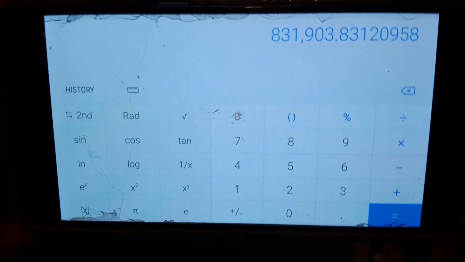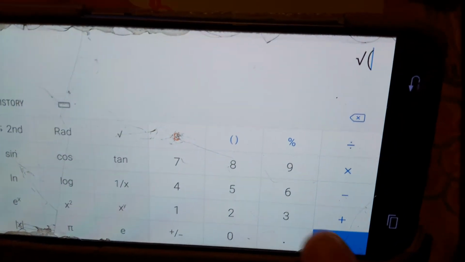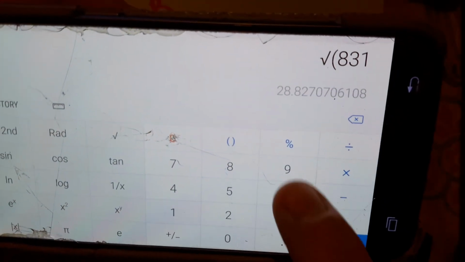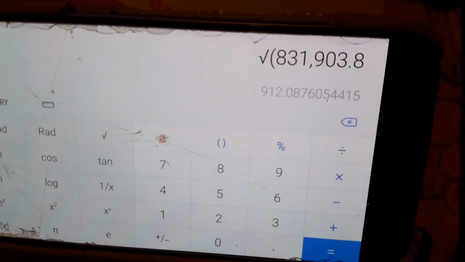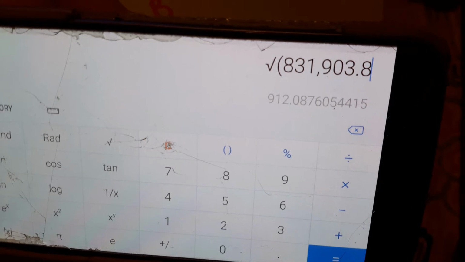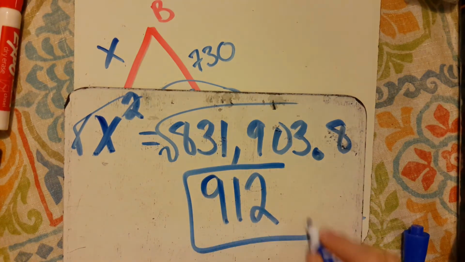So I'm just going to do square root of 831,903.8, and I get 912 if I round that to the nearest whole number. So that's my answer. And that's all you do for Law of Cosines.